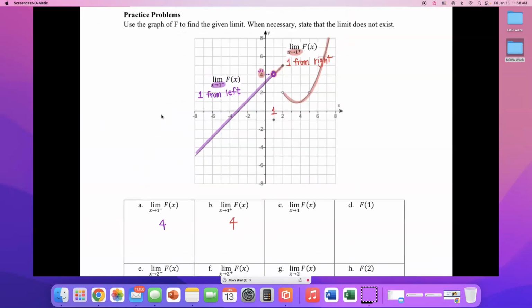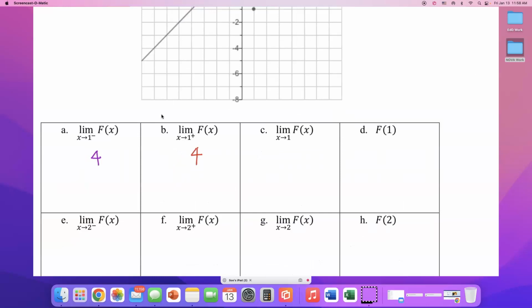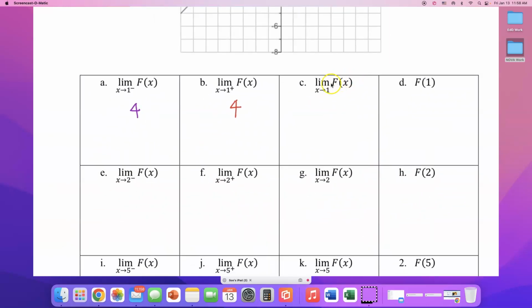Okay, let me erase some of this graph. All right, what's next? I'll get rid of these two real quick. Well, look, C is asking us to find the limit as x approaches 1, the general limit of f of x at x equals 1.